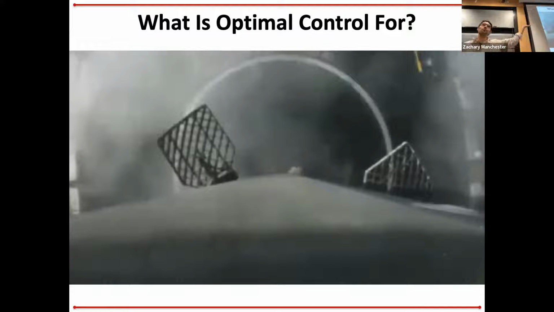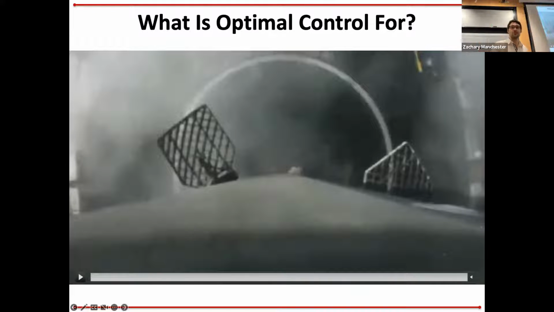So that's the secret sauce behind this, and also how the Mars powered descent stuff works. Super cool stuff. And one of the major results in the last 10 years in control.